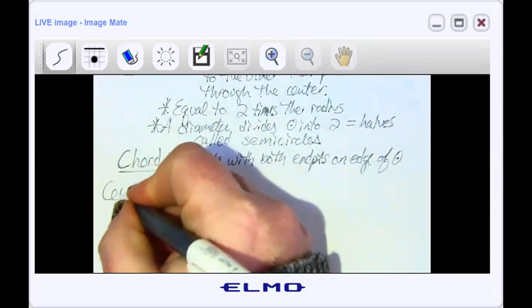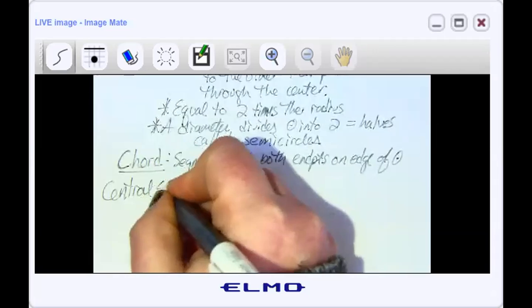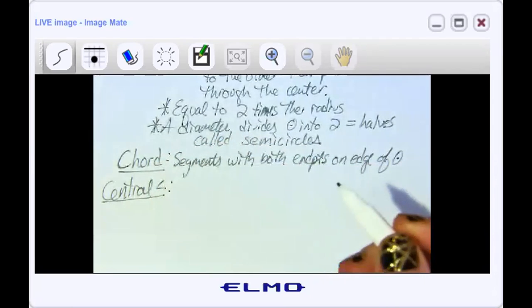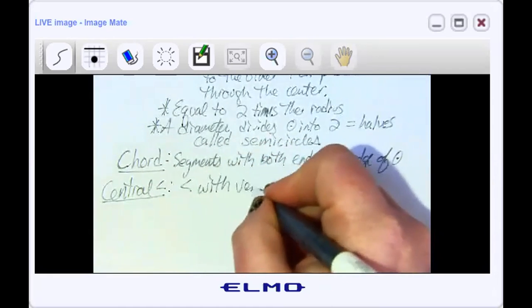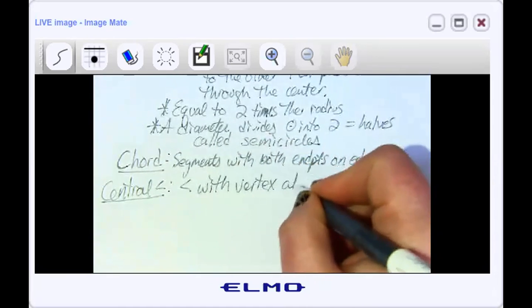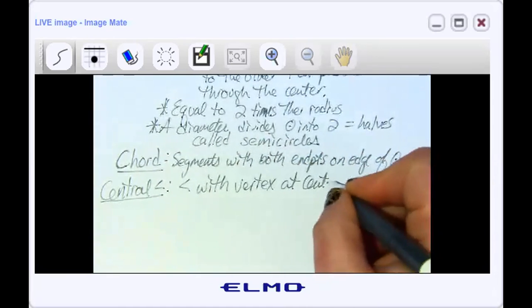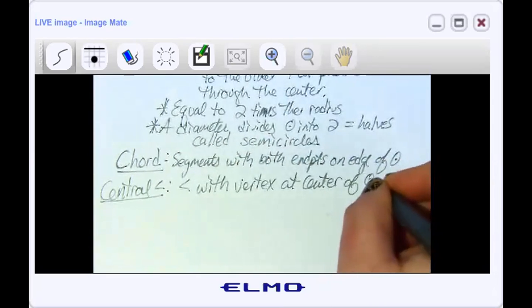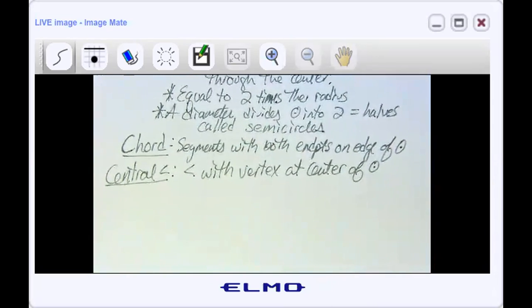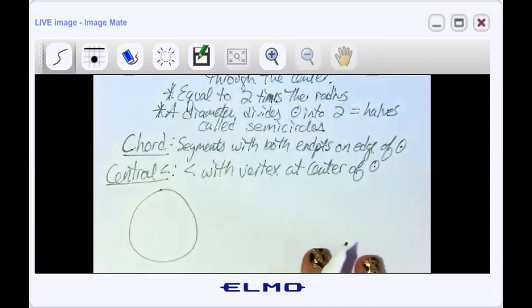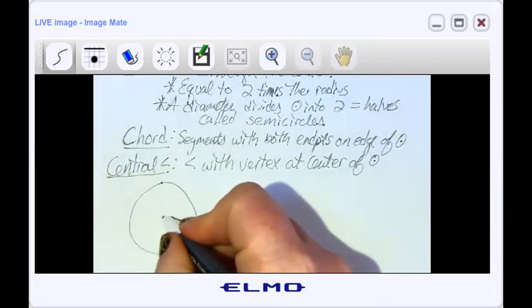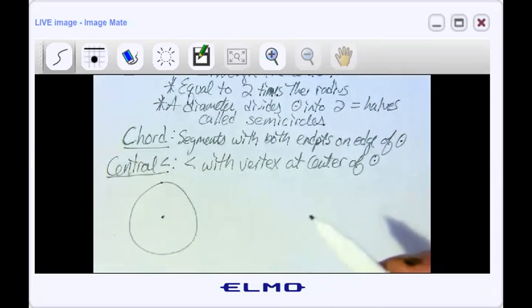So a central angle, its definition is really easy. It's just an angle whose vertex is at the center of the circle. Angle with vertex at center of circle. And the really cool thing about central angles: if here's my circle, by the way, when you put a dot in a circle like that, it's always assumed that the dot is the center.